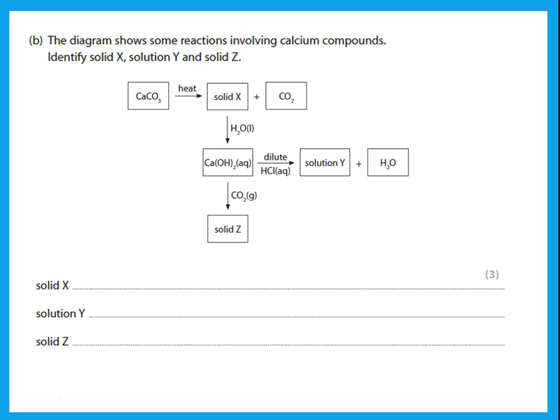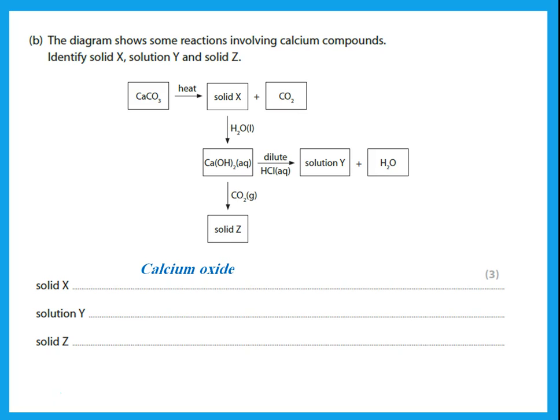The diagram shows some reactions involving calcium compounds. Identify X and Y and Z. So let's see what he's talking about. Calcium carbonate. He heated it to get X plus carbon dioxide. So what is X? That must be calcium oxide. When you heat a carbonate, it gives calcium oxide plus carbon dioxide.